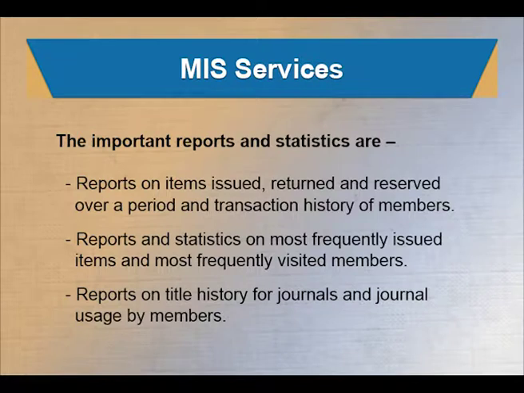Say for example, sometimes to make library popular, you need to give some prize and award to the most frequent user. In such cases, this kind of statistics may help you to take decision who are the most frequent users or top 10 most visited members of the library. Reports on the title history for journals and journal usage can also be produced.